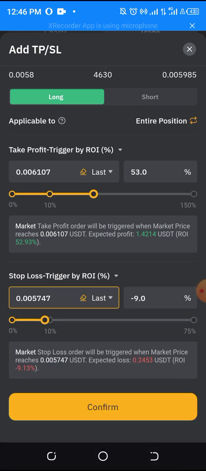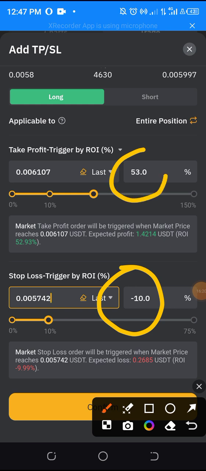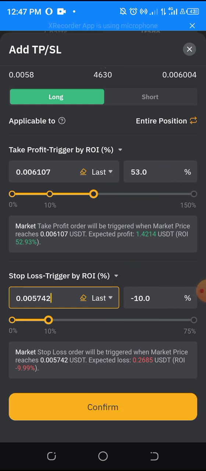As you can see, my risk to reward ratio is reasonable enough. I'm risking 10% to get 53%. So that's what you do.